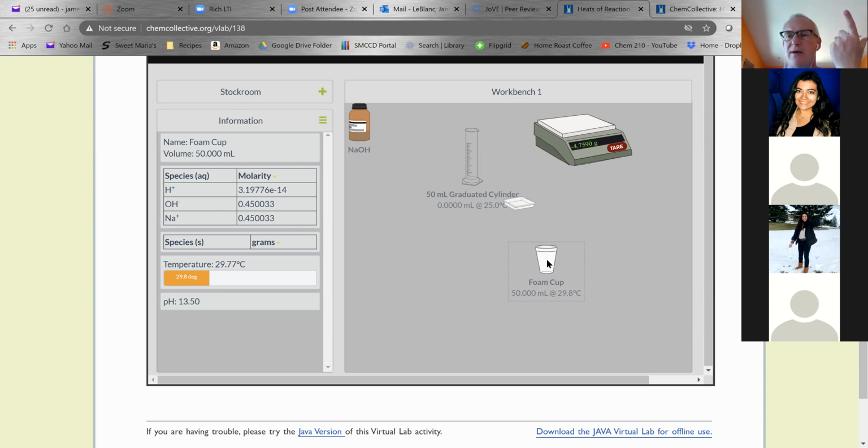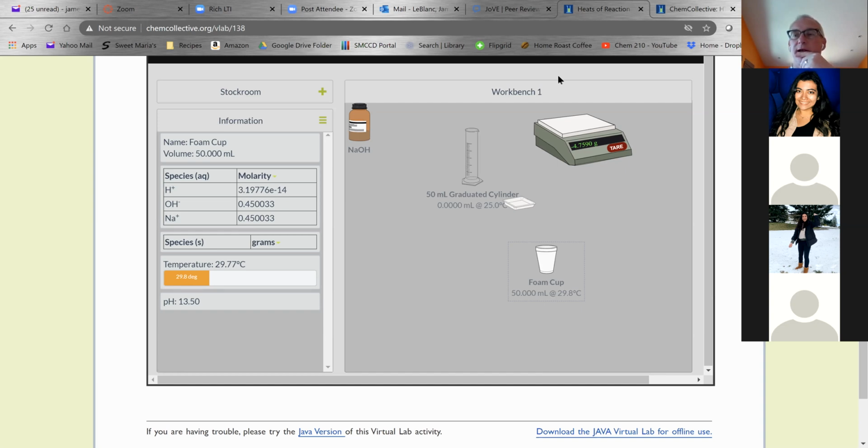So how do we go about calculating Q for this? How are we going to calculate Q? Are we going to use the specific heat of water? We sure are. So take me through it.